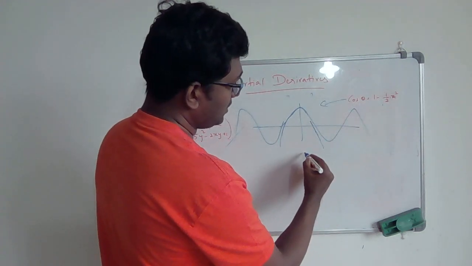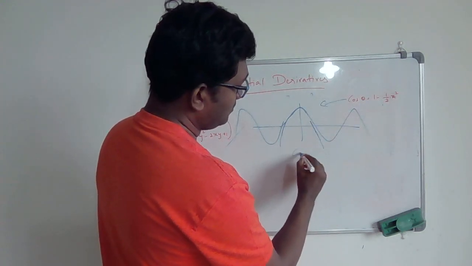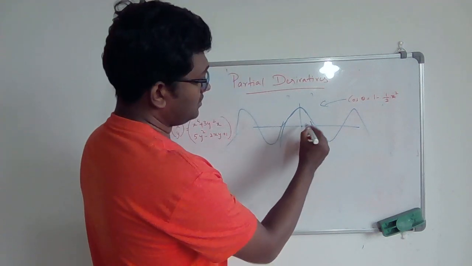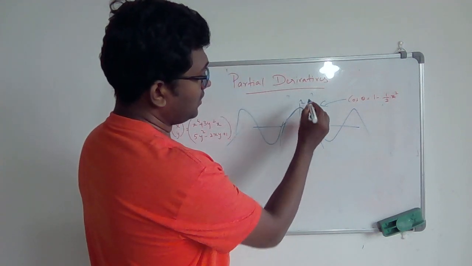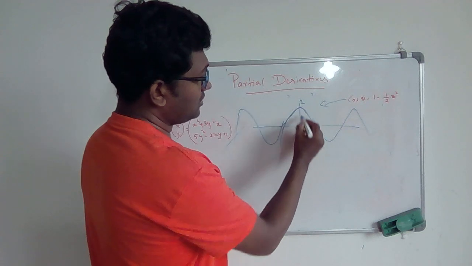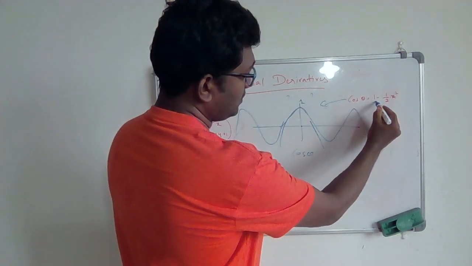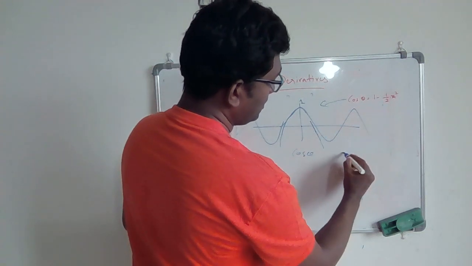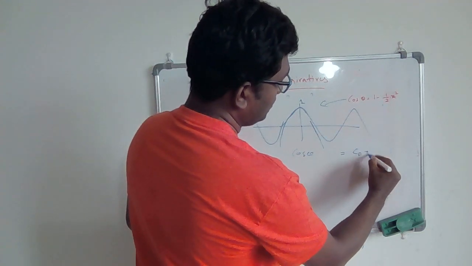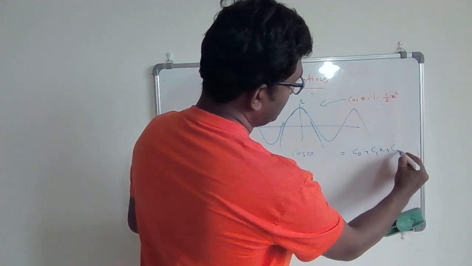So in this case, this is the cos wave. Cos 0 is 1; at x equal to 0, cos is 1. If you take a polynomial equation, it will be like this: C0 plus C1x plus C2x squared.